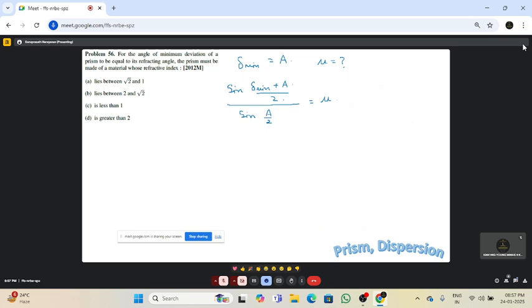When I substitute delta minimum equals A, I will get 2A, so the 2 cancels out, and I'll get sin A. From your maths, you should know sin 2 theta is 2 times sin theta cos theta.